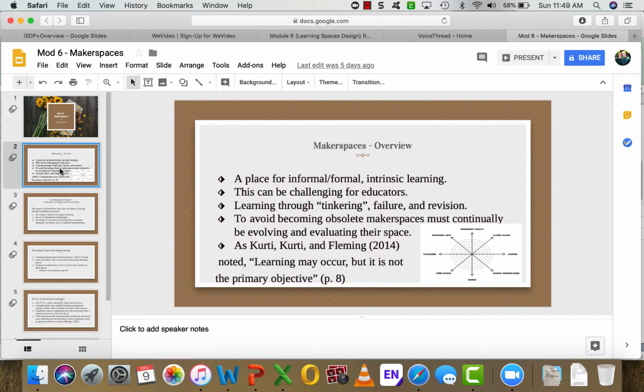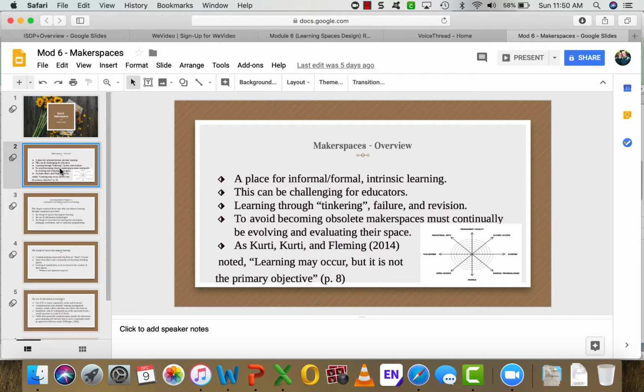And that can be difficult because we haven't really trained students to feel that way about school. So while I don't feel like a traditional makerspace will work in my classroom, I think the mindset will.